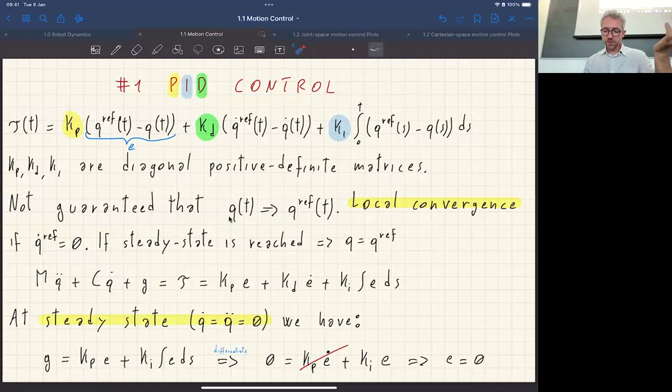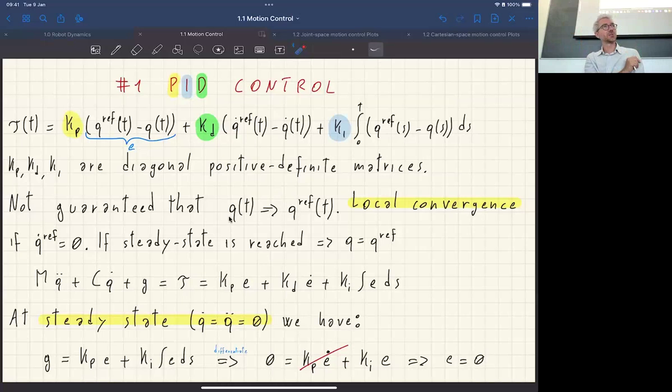Theoretically speaking, the only thing we can say is that if the reference joint trajectory stops, so you want to reach a fixed configuration, then we can have local convergence, which means that if you start sufficiently close to the configuration that you want to reach, this controller is guaranteed to reach that configuration eventually.